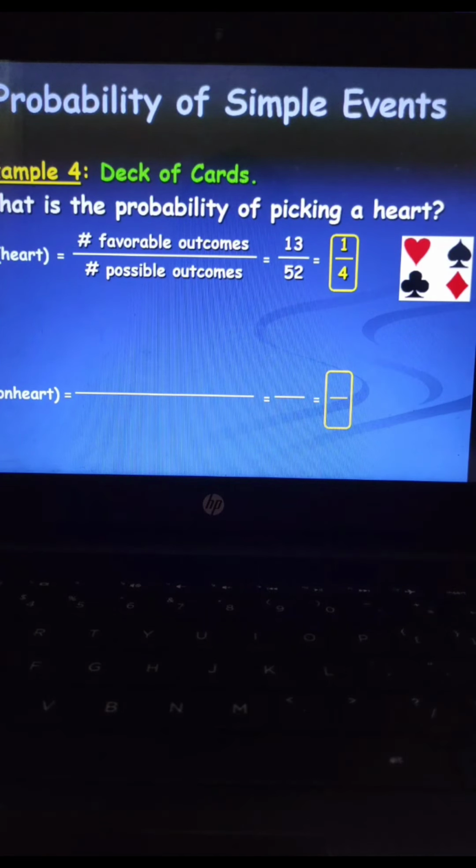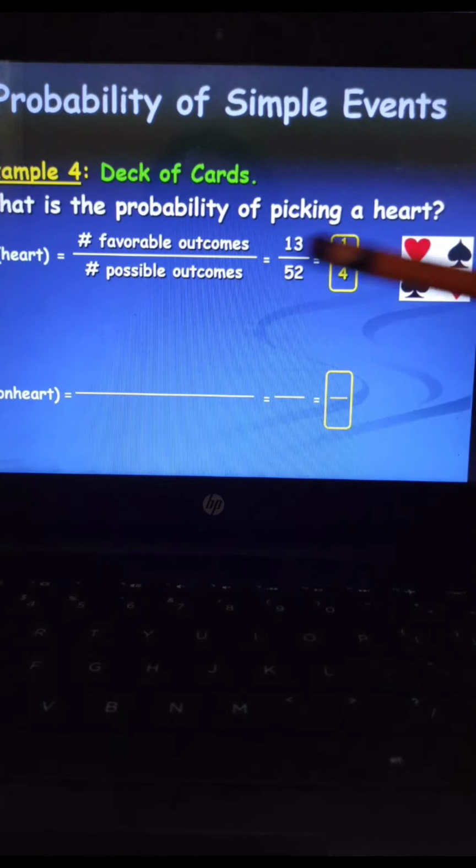We have 13 hearts in a deck: ace heart, 2 hearts, 3 hearts, 4, 5, 6, 7, 8, 9, 10, and then jack heart, king heart, and queen heart. So there are 13, and then 52 because the total number of cards in a deck is 52.